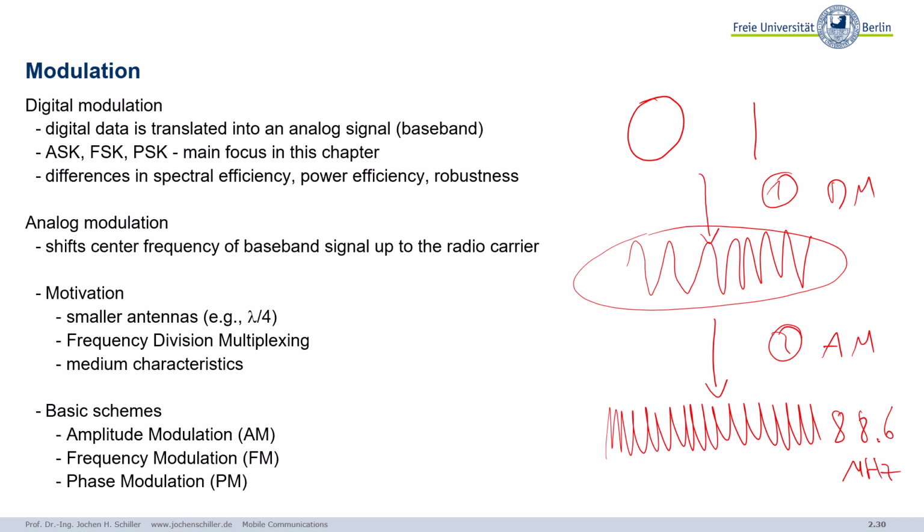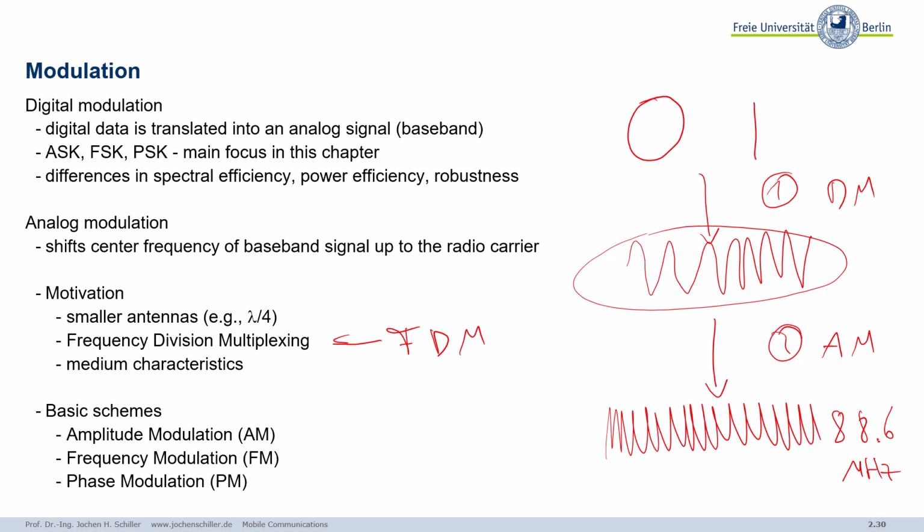And this helps us to separate the different, in this case, analog radio stations. One reason for this analog modulation is our FDM. There are other reasons.